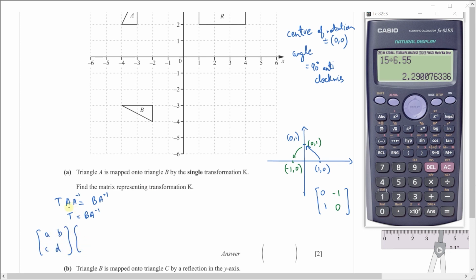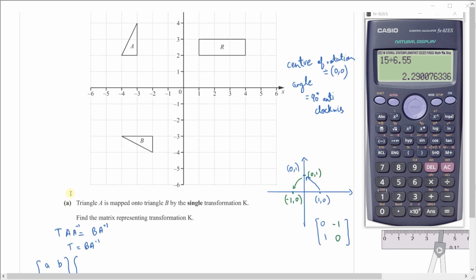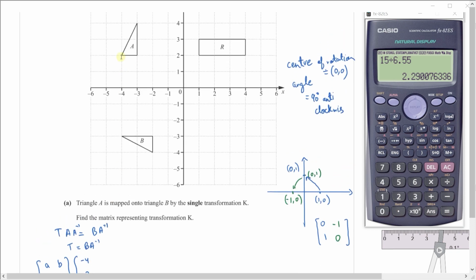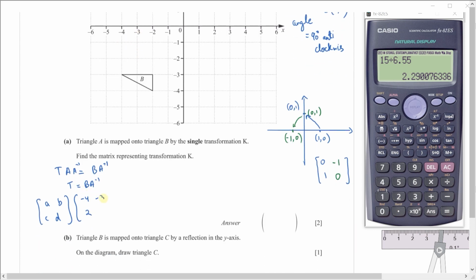And your matrix for A is the vertices of this triangle, right? So this is -4, 2, -3, 2, and -3, 4.